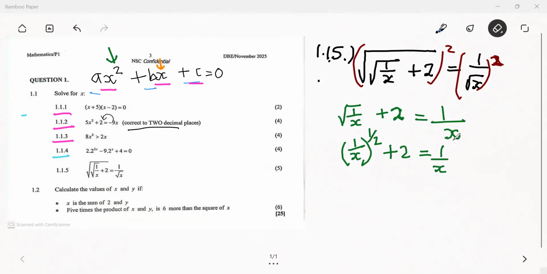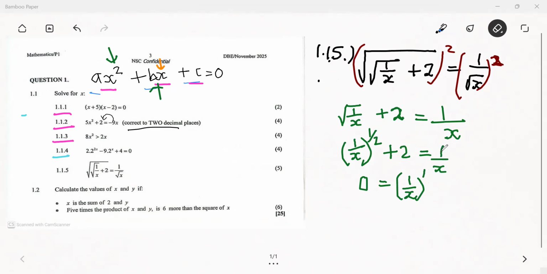Half of 1 is a half. So if this is 1 over x to the power of 1, it's playing the same role as the x squared, and the 1 over x to the power of a half is playing the same role as the bx. So I can actually rewrite this in a quadratic form.